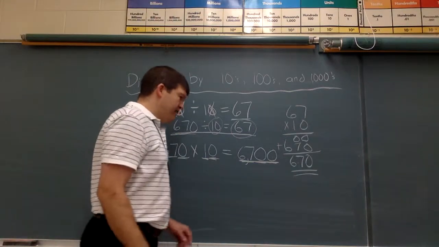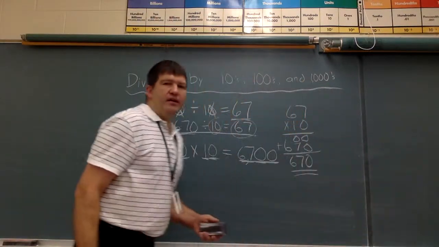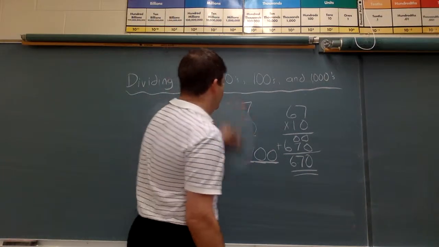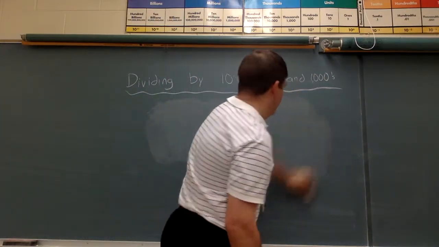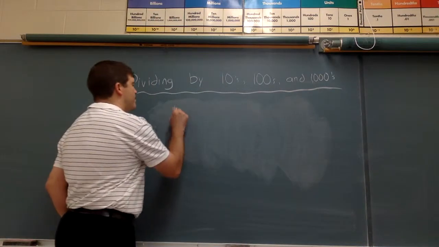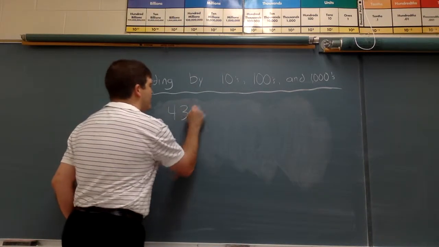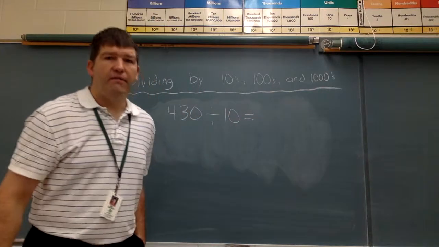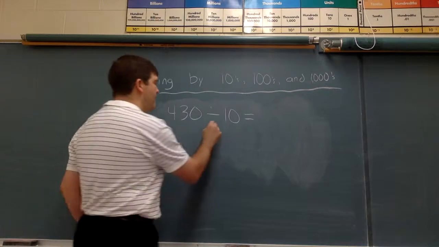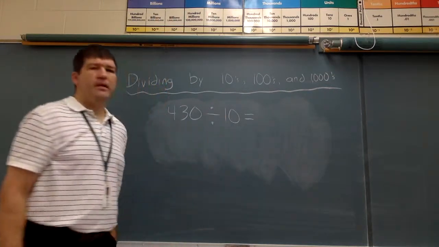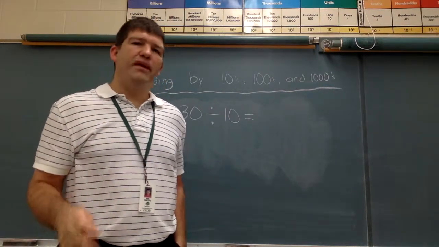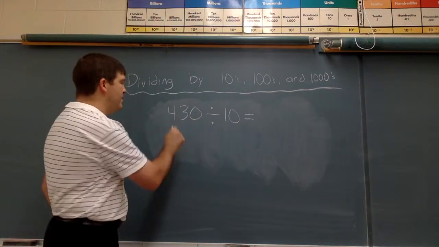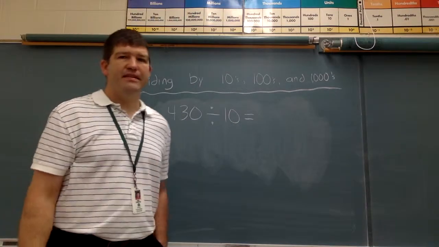All right. Let's do another one. Now I have 430 divided by 10. So I know I'm dividing it by 10, so I'm going into the lower place value. I'm not going to be in the hundreds, I'm going to be in the tens.